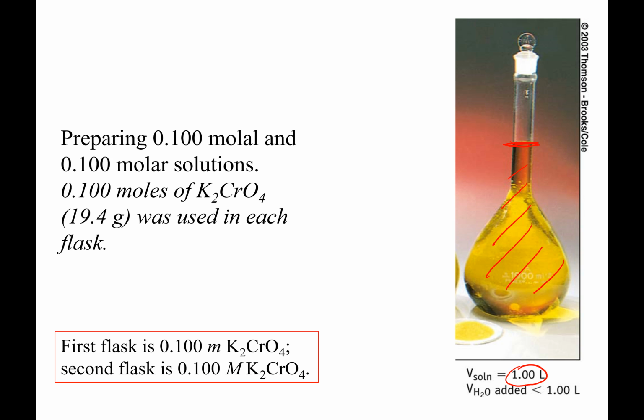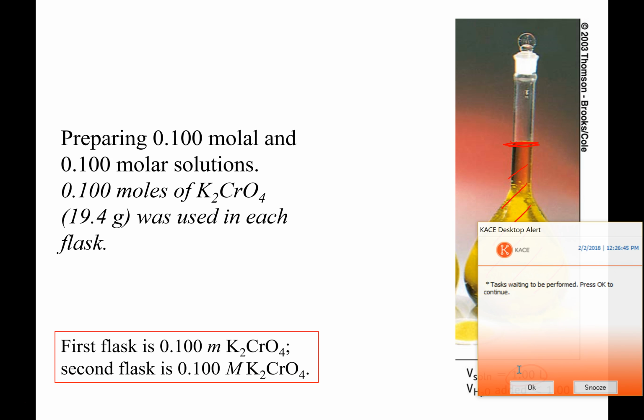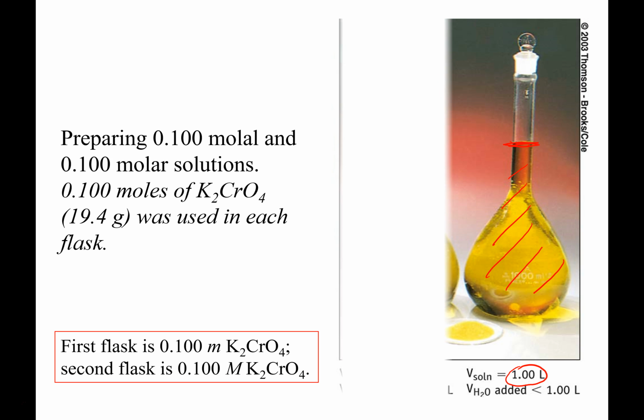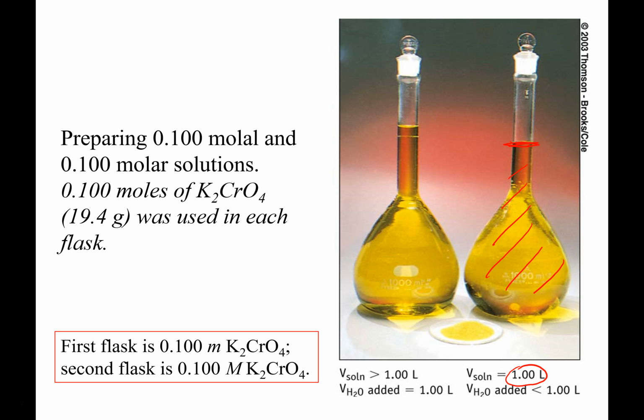So what they did to get 0.1 molar was to take 1.94 grams of the solute and dissolve it in 1 liter. In this one, they had to take 1 kilogram of solvent.